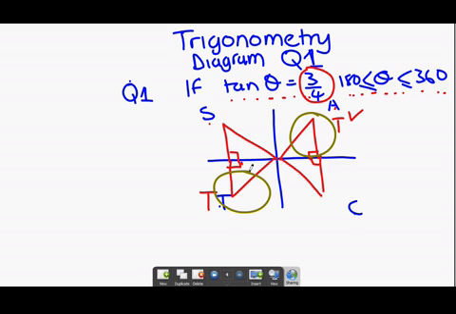But now, between the 2 tans that we've been given, we need to decide which tan is the correct one. If I look at the domain, they said I must start from 180 and go to 360.